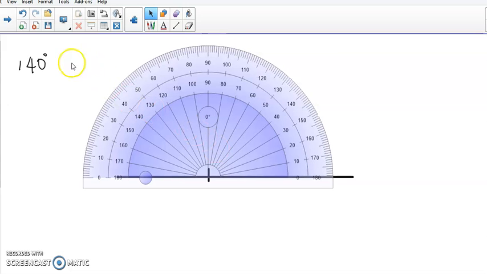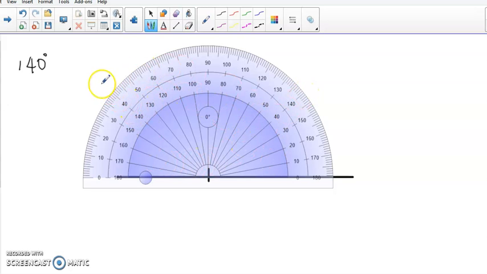Make sure it is properly placed. Okay, now I need 140. You can see if I count from here, this is my 140 degrees. See it, 140 degrees. If I want to take from the right to the left, or from the left to the right, here is 140. Look at the 140. I have to make a point at that.